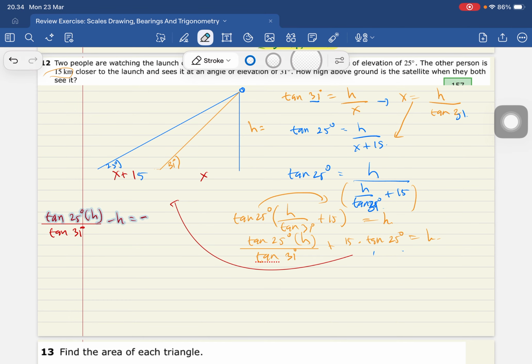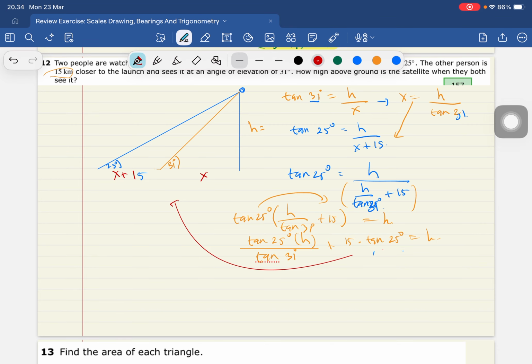Let us factorize the right side: h multiplied by 1 minus tan of 25 degrees divided by tan of 31 degrees.